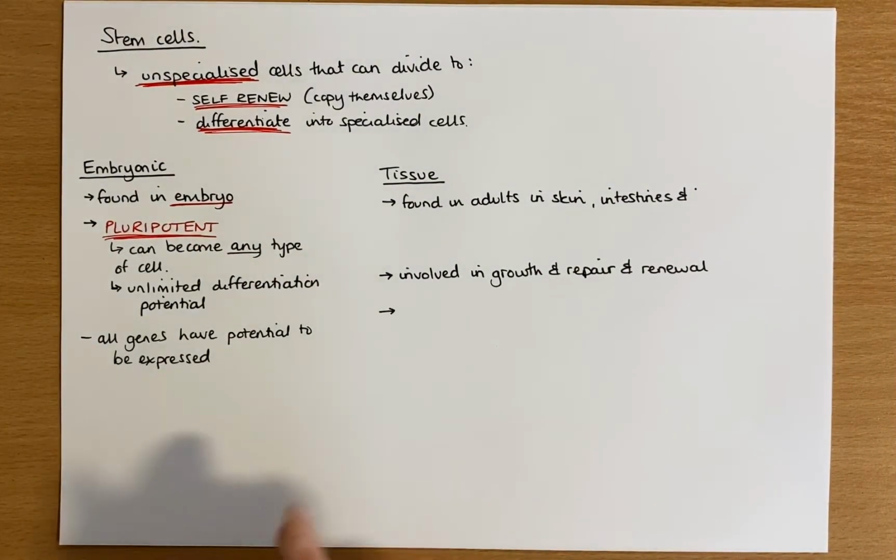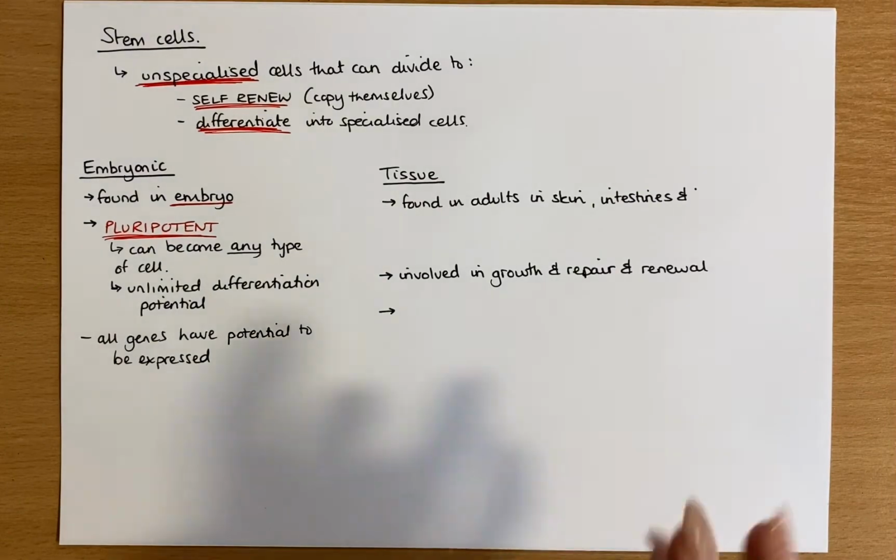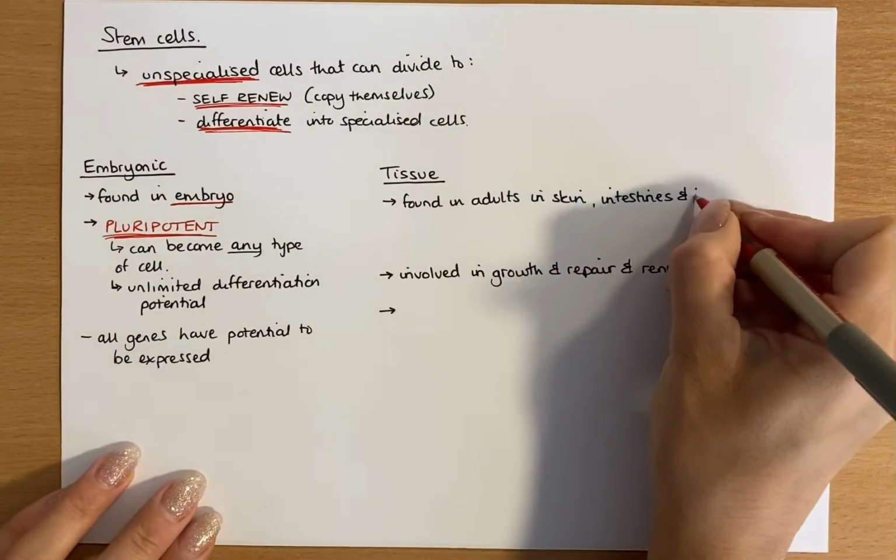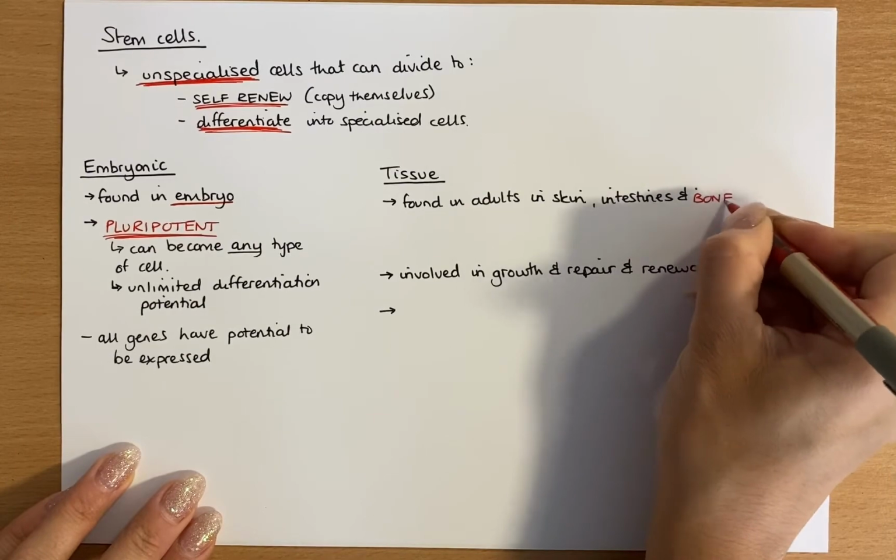Now tissue stem cells are the ones that are found in adults. And there's quite a number of locations in your body that tissue stem cells are found. They're found in the skin, the intestines, in your heart, for example. But the main one that you will need to know that I'd referred to earlier on was in bone marrow.